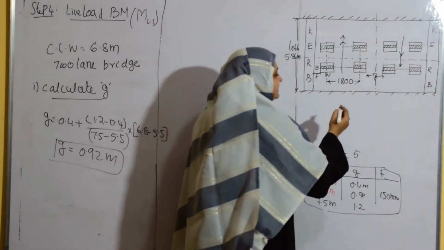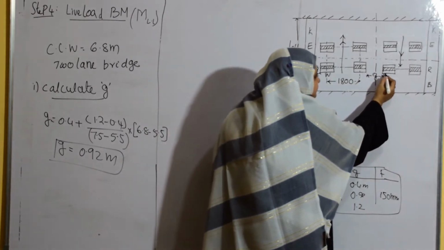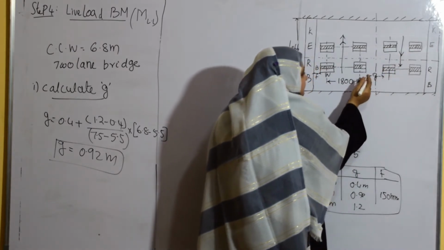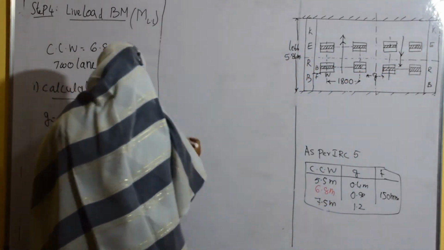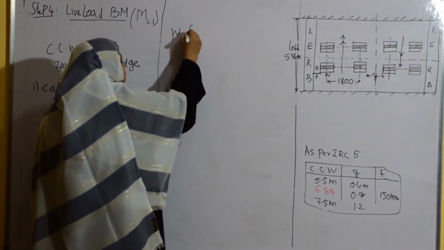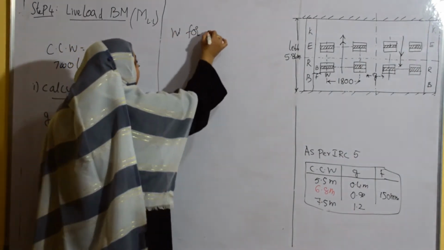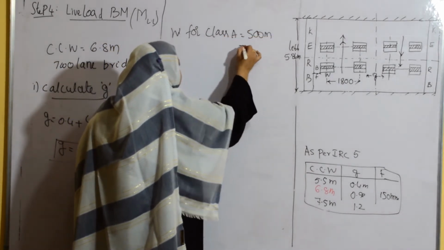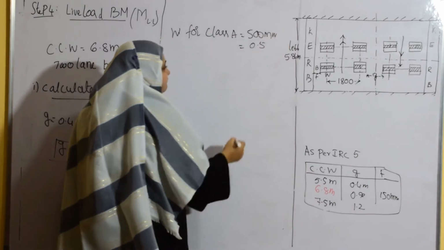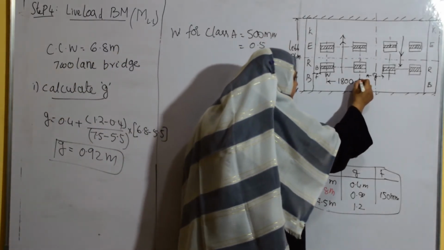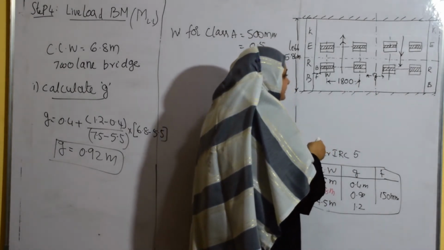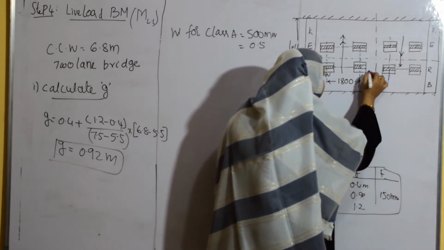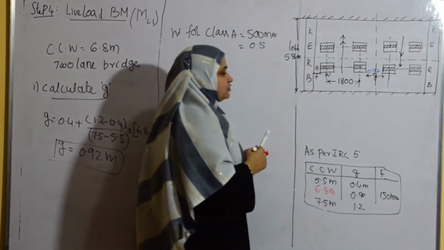If you want center to center, you know W, the width of contact area for class A, is 500 mm or 0.5 m, so half the wheel width is 0.25 on each side.